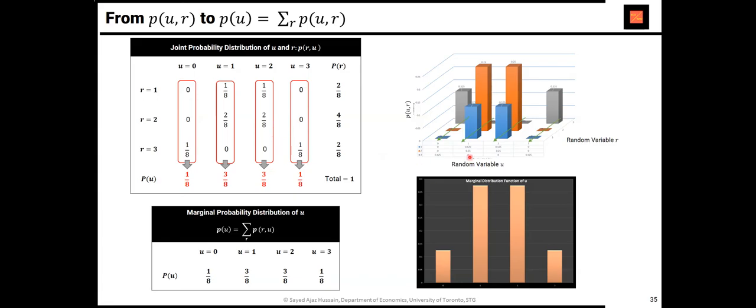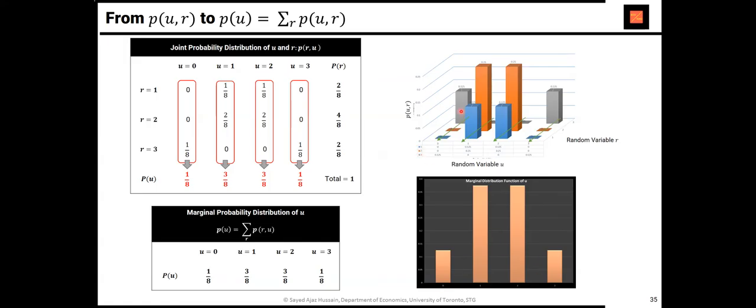Example. What you're trying to do is look at it this way. So here is u on this axis, here's r on that axis, and those are the probabilities of u and r. What you want to do is you don't care about the values of r anymore. You want to imagine looking at this graph from the u-axis perspective, and you wonder if I collapse this entire picture onto the u-axis, what would the probabilities of u's look like?